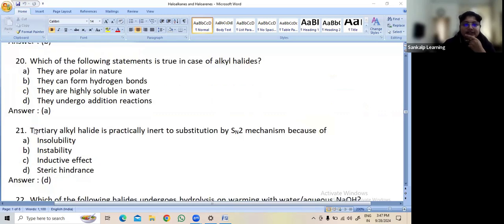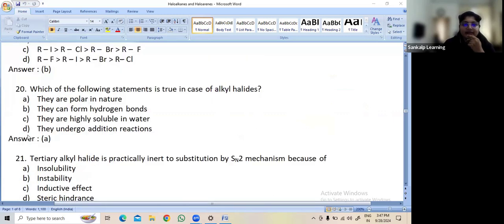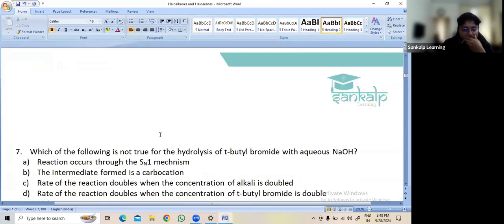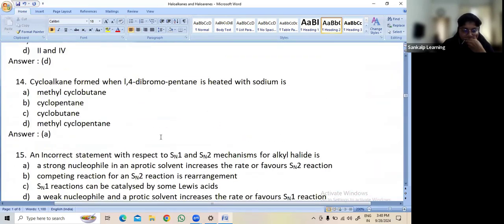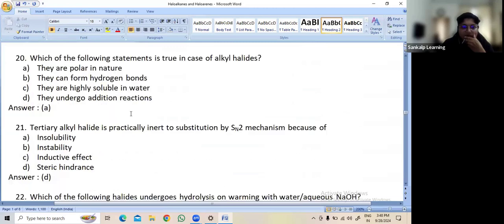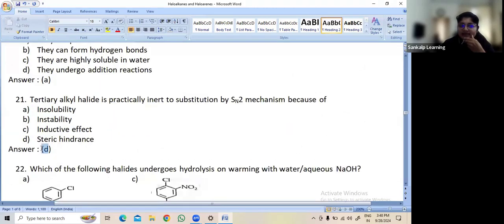Okay. Tertiary alkyl halide is practically inert to substitution by SN2 mechanism. Why? What is the reason? Can anybody tell me? The answer is D. Can anybody tell me why tertiary alkyl halides are practically inert to substitution by SN2?